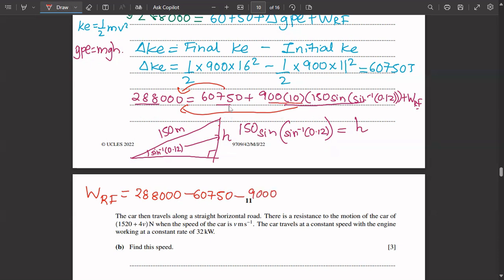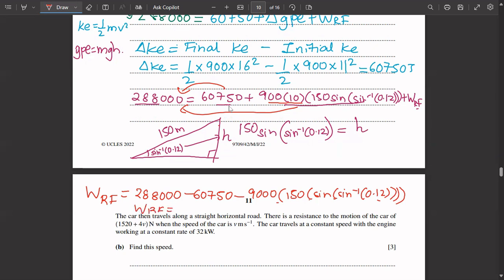This 900 into 10 became 9,000 into 150 sine inverse of 0.12. One, this bracket closed, now this bracket, now this bracket, now this bracket. 4 brackets. So now if you put this in the calculator, we'll get work done against resistive force.